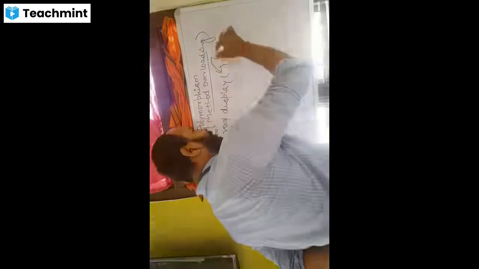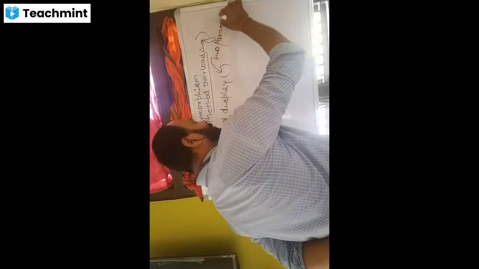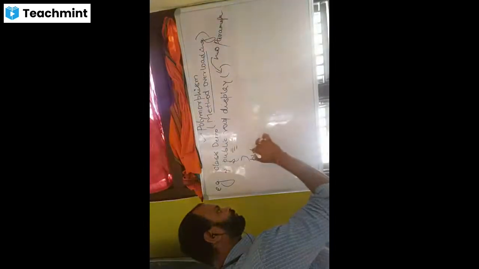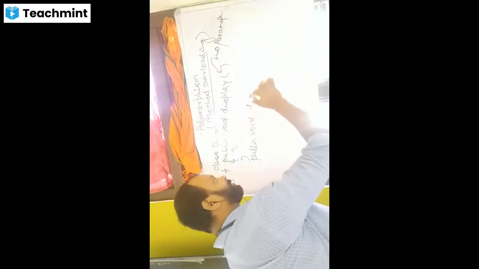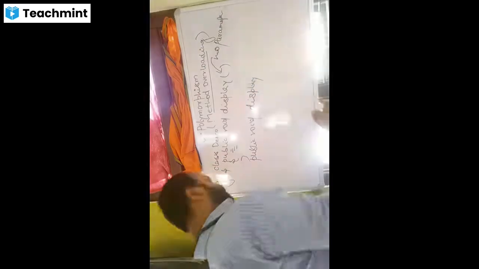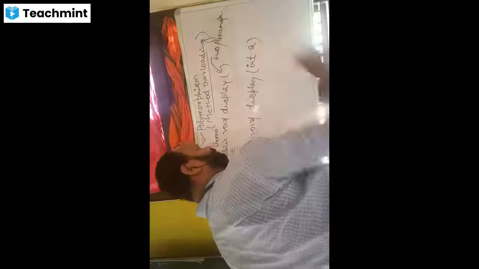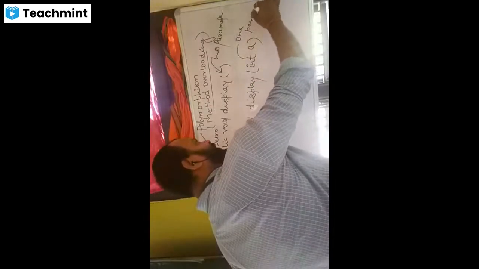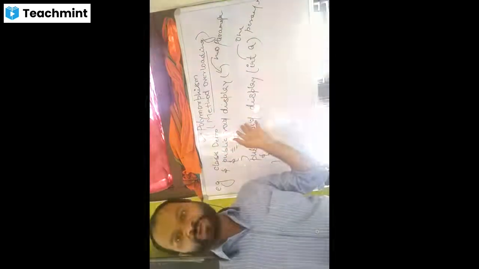You can write here no parameter. We'll have one more method, public void display, and we are having one parameter here, int a. You can see here one parameter. Now see, this is a very simple example of method overloading.